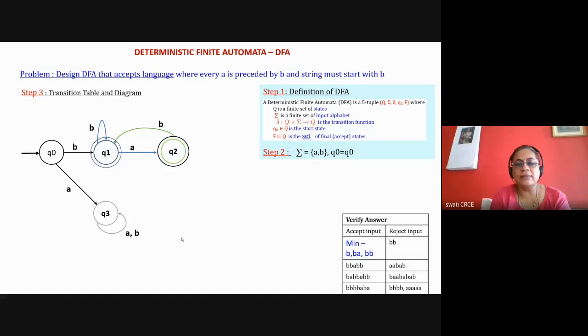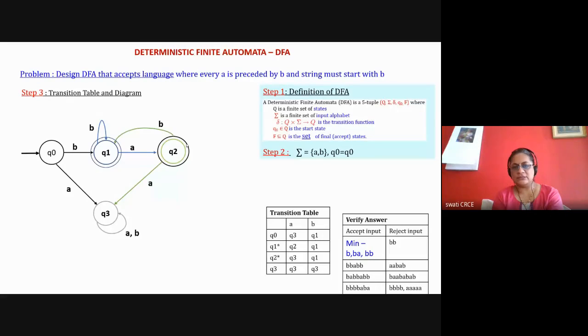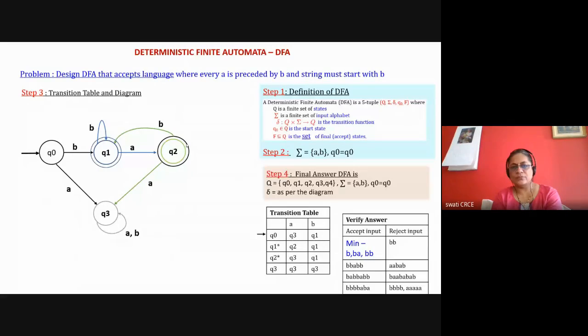And if there is any B, then it can go to the final state. You can have a string BAB, which is accepted. So it will go back to the state Q1. After that, if there is any A, before that A there is a B, so it will also go to the final state. So here also we are having two final states.